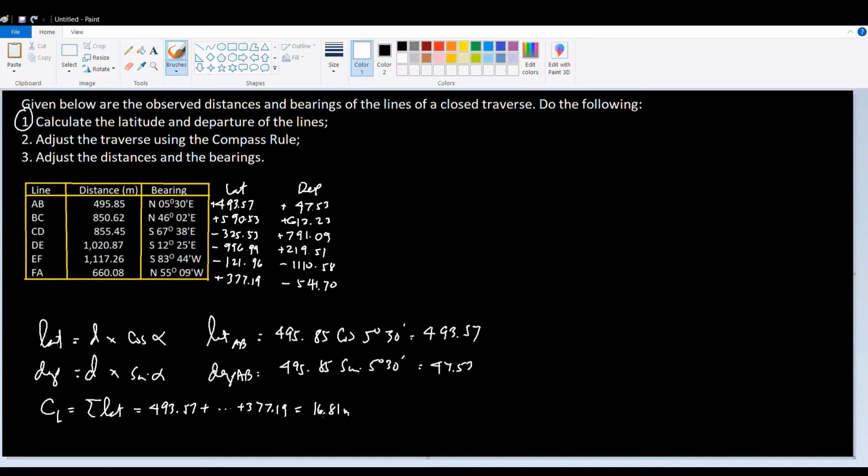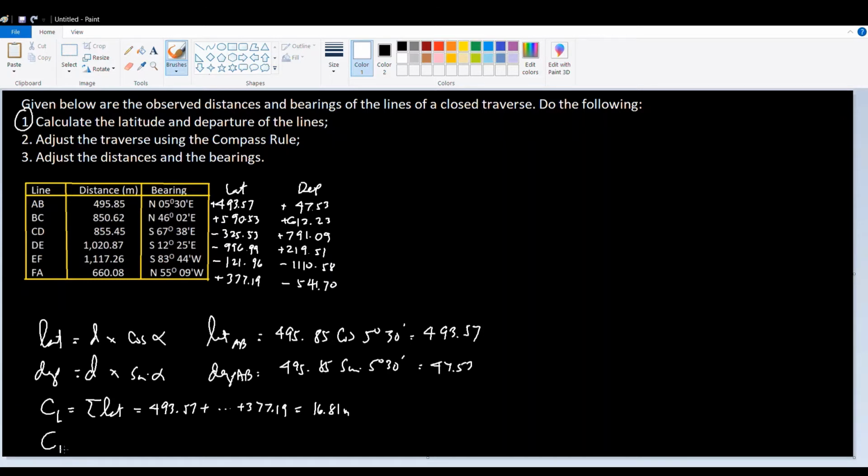The magnitude 16.81 is acceptable because the distances involved are quite large, the longest being more than a kilometer, 1,100. So it is understandable why we have a large misclosure in latitude. It is positive because there are more positive latitudes than there are negative latitudes.